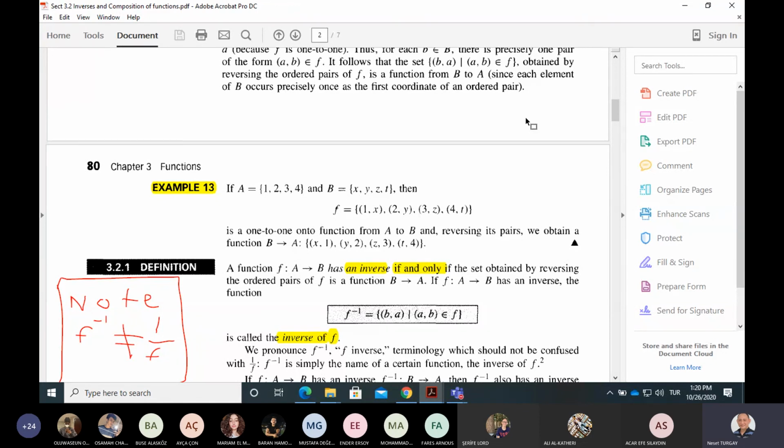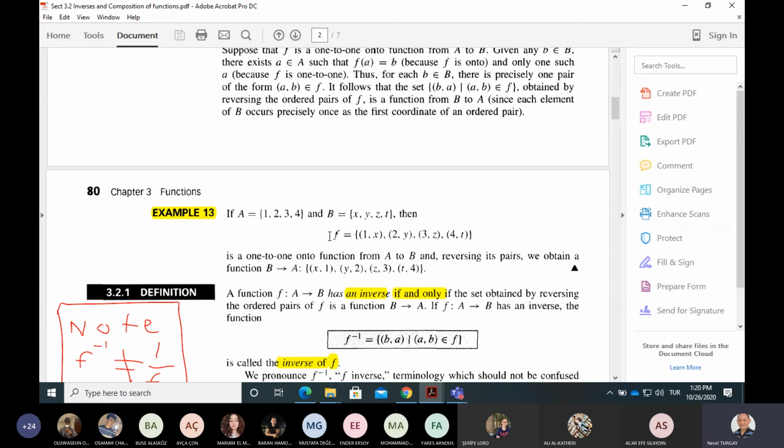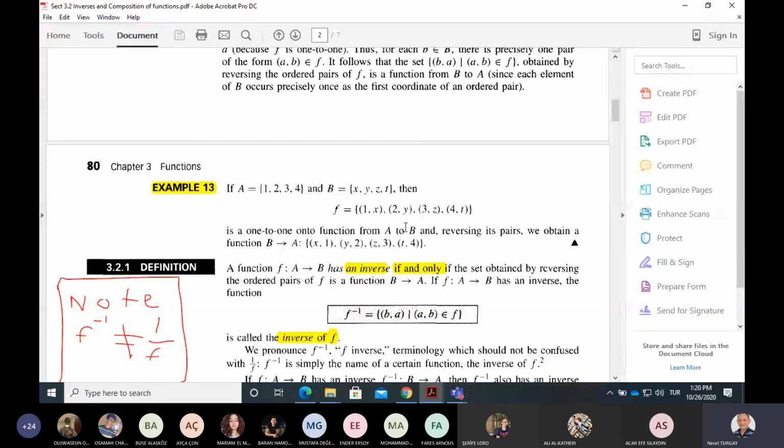So if you have a function which is 1-to-1 and onto, then you can have a function, and later on we will call it the inverse of the function. You can just reverse the order of the pairs. So 1 was going to x, now x goes to 1. 2 was going to y, in the reverse function y goes to 2. 3 was going to z, now z goes to 3. 4 goes to t, now t goes to 4.